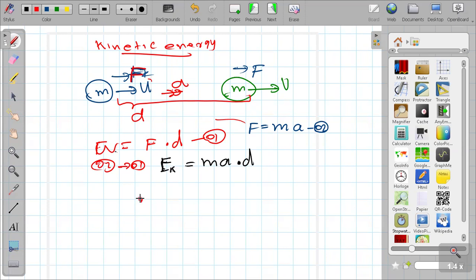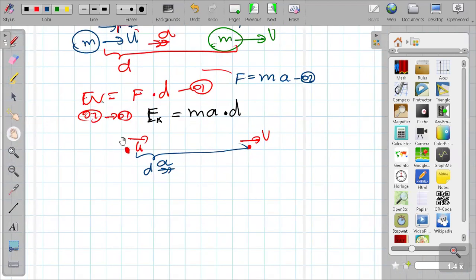To find displacement, we have this scenario. U is there, V is there. These are the information we get, and the acceleration a is there, and the displacement is d. What is the equation that you can apply?